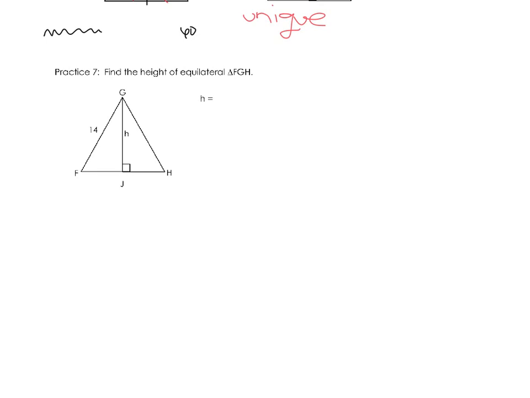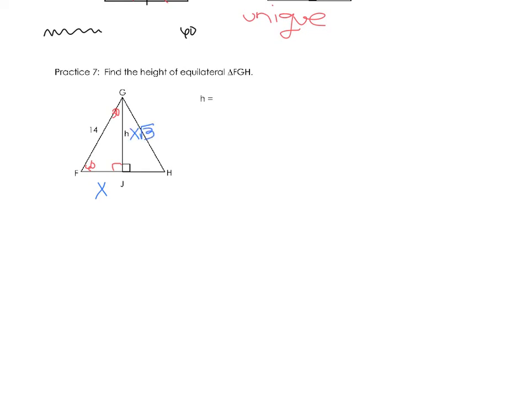So let us work this out. We're to find the height of the equilateral triangle FGH. Now, I know that this is where the 30 degrees is, here's where the 60 degrees is, and there is where my 90 degree is. Make sure that you label your triangle first. Across the 30 degrees goes x. Across the 60 degrees goes x square root of 3.